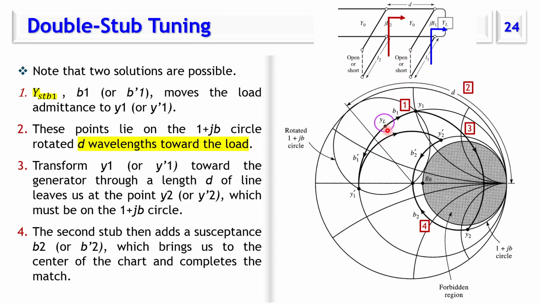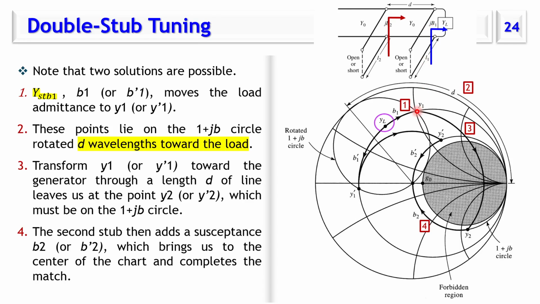So this is YL. If we move with this much admittance, this would be the first solution. From this point to this point, same real part, the difference is B1. Or from this point to this point, the difference is B1. So solution B1 is positive admittance and B1 prime is negative admittance. So this is the position here, the blue arrow.